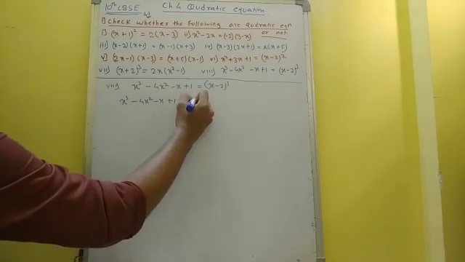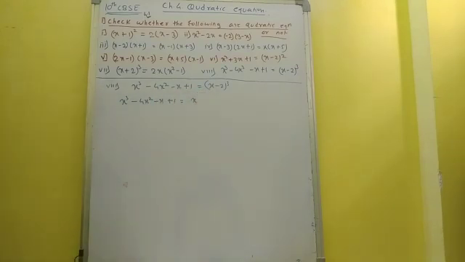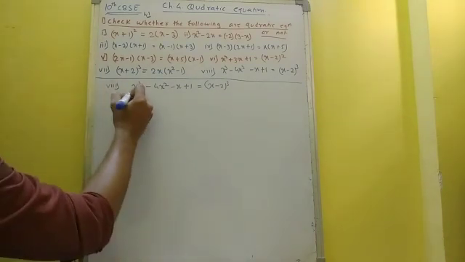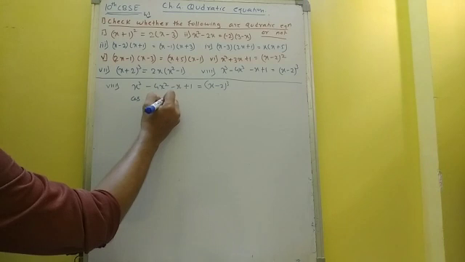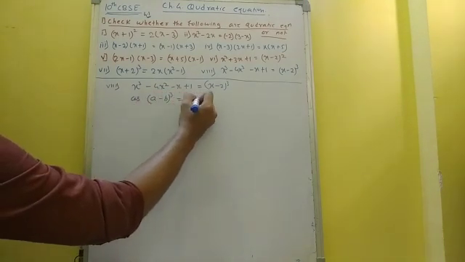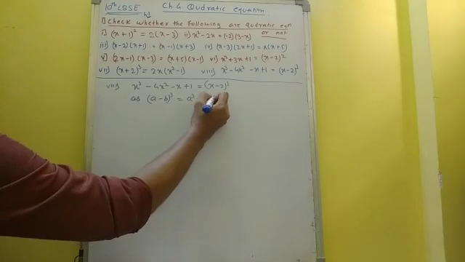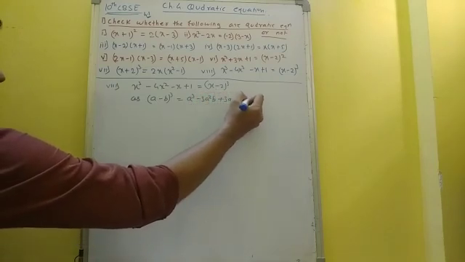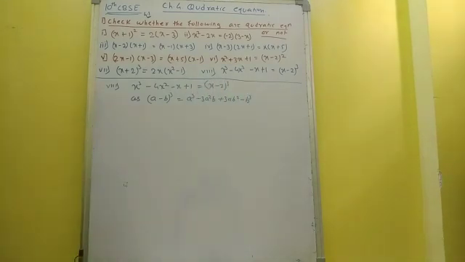A minus b the whole cube is, should I write the formula over here? That would be helpful, right? First I use the formula as a minus b the whole cube is equal to a cube minus 3a square b plus 3ab square minus b cube.